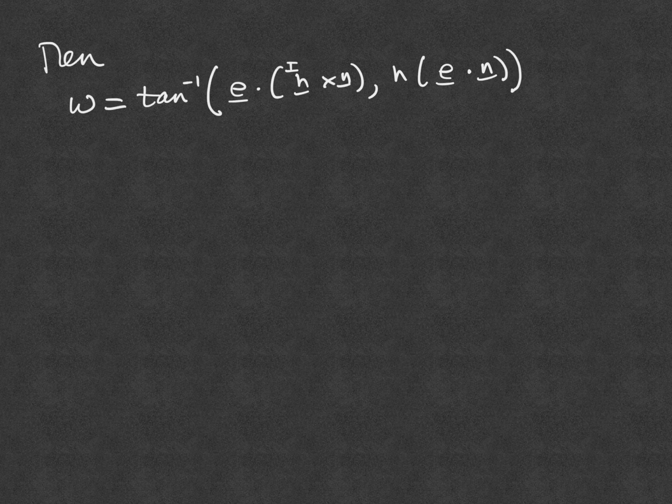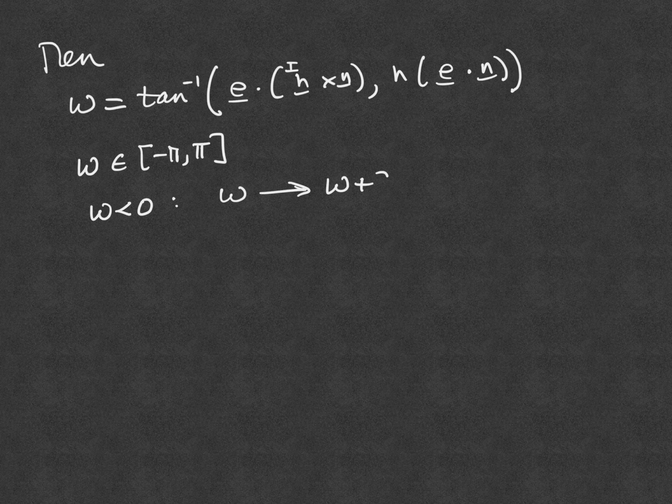Now, because this is a 4-quadrant inverse tangent, we get an angle on negative pi to pi. So if omega is less than 0, then we add 2 pi. We say omega is changed to omega plus 2 pi. Anytime we get something that's negative, we just replace it by adding 2 pi. It's the same angle, but it puts everything on 0 to 2 pi instead of on negative pi to pi.